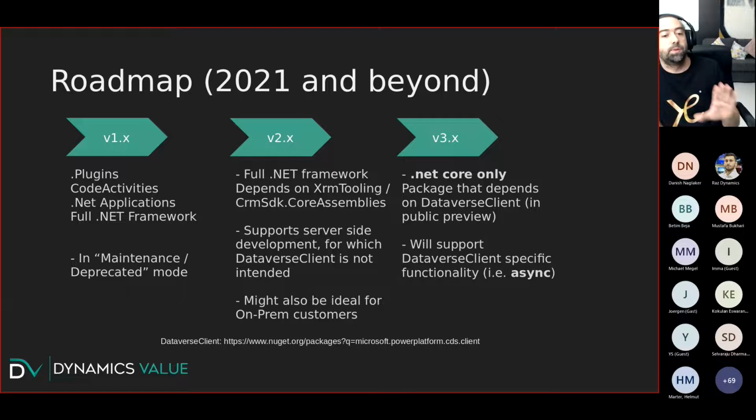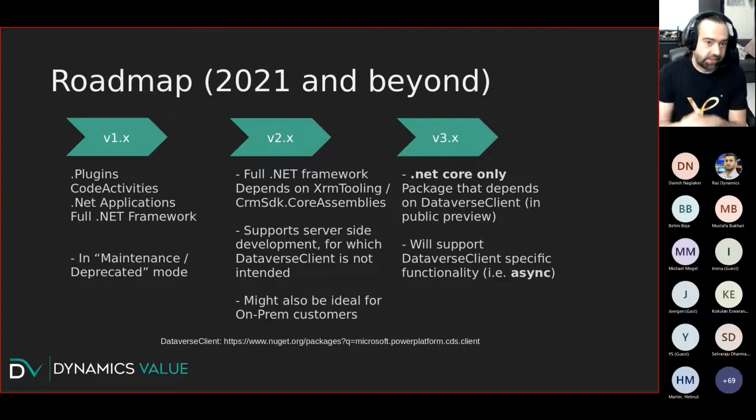So for people who want to get their hands on the projects that are happening right now, and they need to do server-side development, they can use version 2 today when I publish the open source project. If they want to use the very latest functionality of version 3, which I'll show how it works later on, they can do that as well. But that also means maintaining two parallel versions is very time consuming. So we are putting version 1 to rest and in maintenance mode.